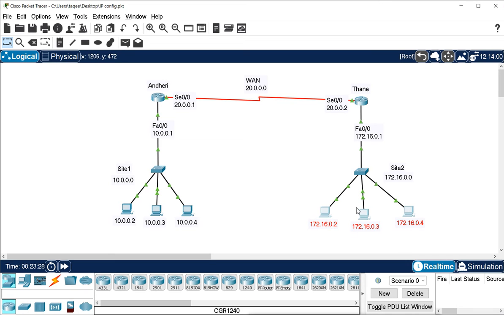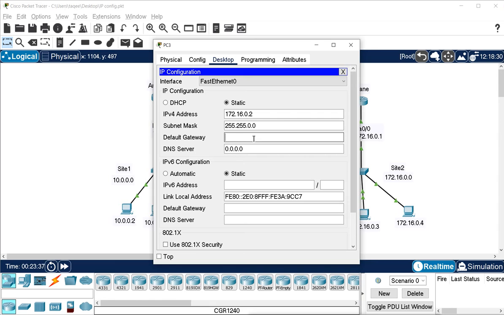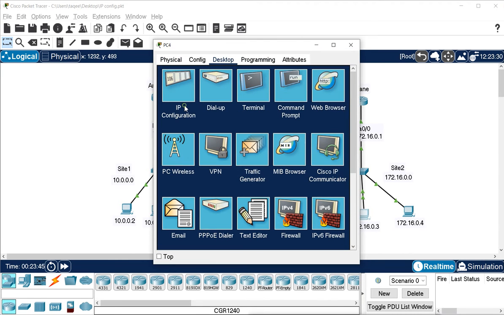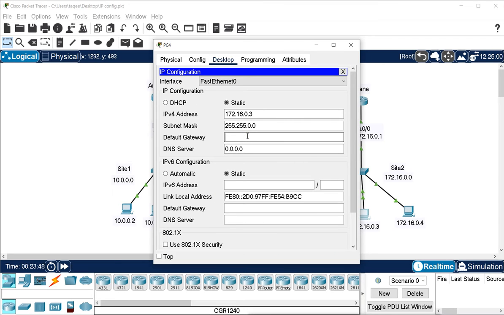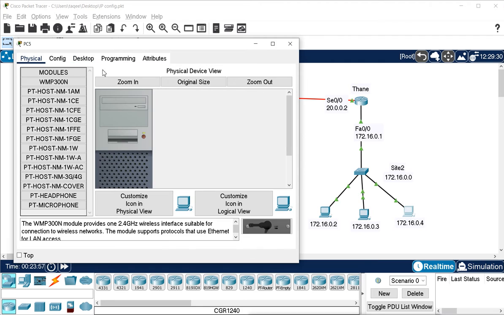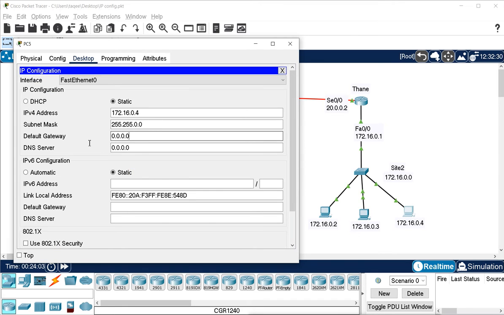These machines also must know that this is the gateway IP, otherwise they will not send the reply. 172.16.0.1.